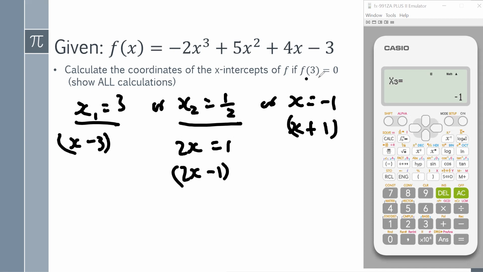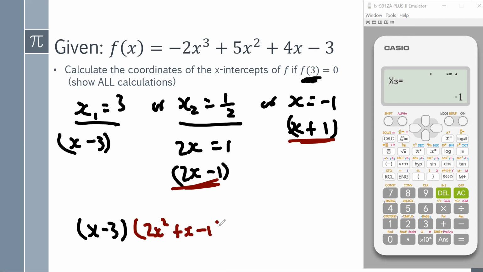Now, since you were given that, you will then rewrite this thing backwards. You will start by saying, okay, I had x -3. Now, you're going to FOIL them, and what you get is 2x squared, and obviously then a plus x and a -1. But don't make it too obvious again. You're going to get caught if you don't include that minus. So you're going to have that there.